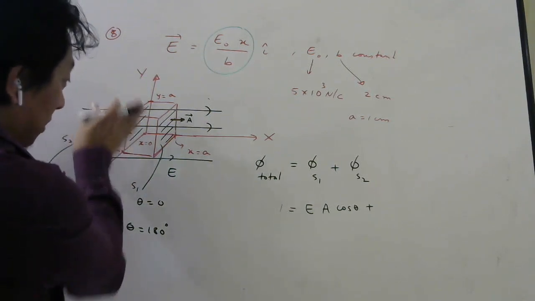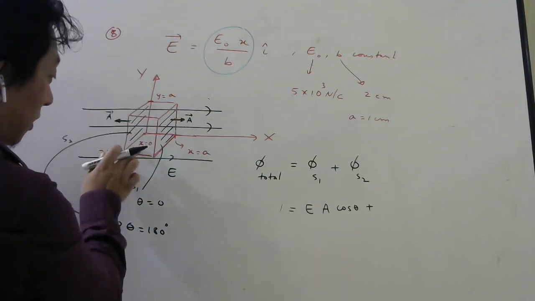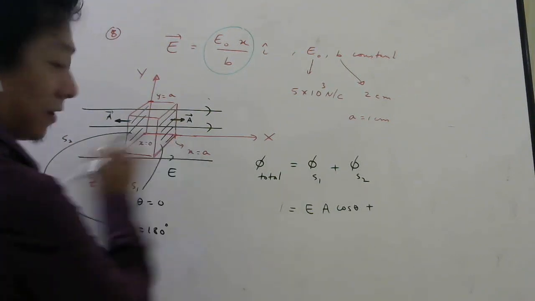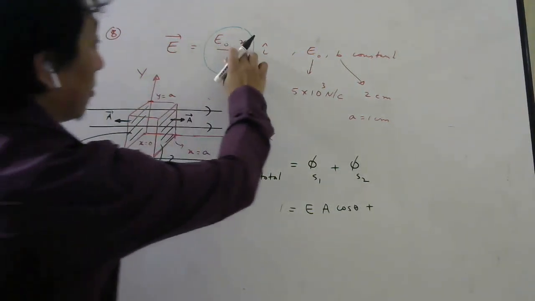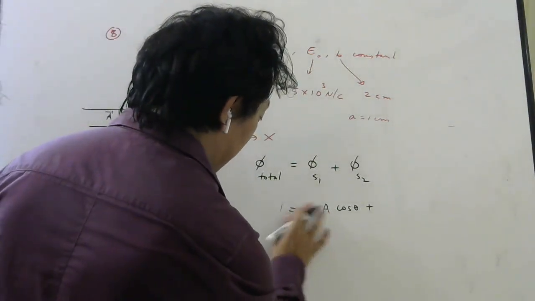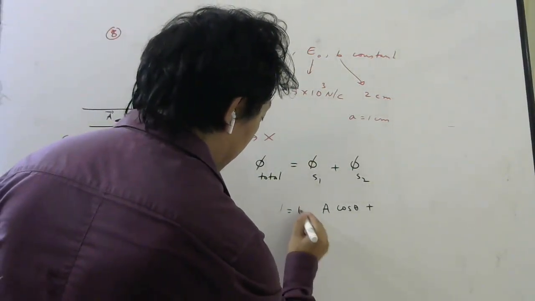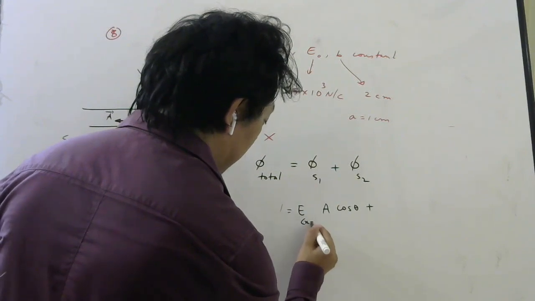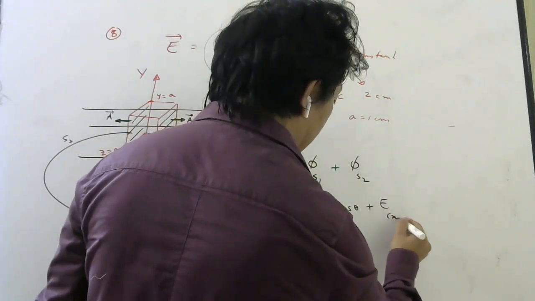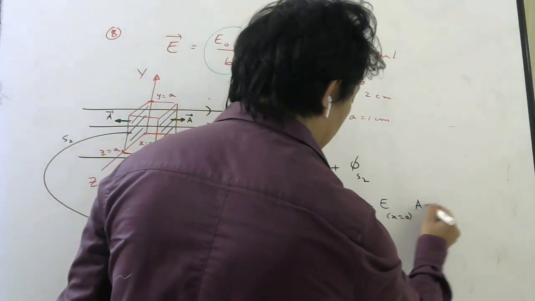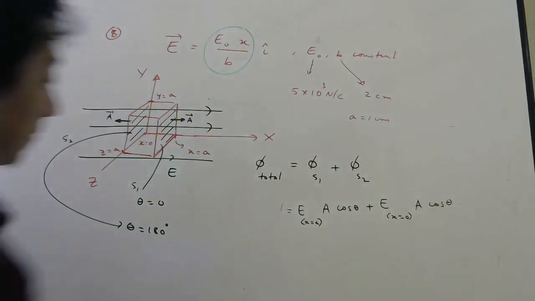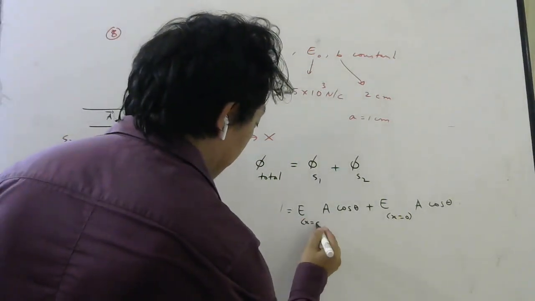No, because for this surface the x coordinate is 0, for this surface the x coordinate is a, and electric field depends on x. So let me write properly: electric field at x equals a, and here electric field at x equals 0, times A cos theta. So that is the formula. Okay, students?